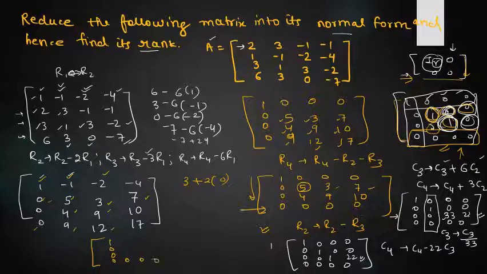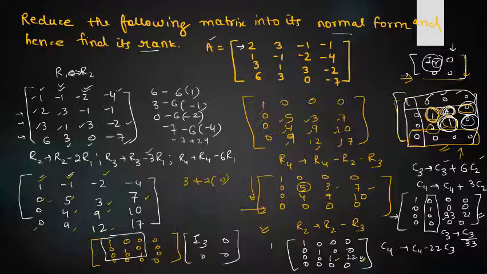Everything is as per the outcomes which we want, 0 1 0. So 22 minus 22 is again 0, correct? So now you can see that these elements are forming a 3 by 3 identity matrix, and rest all are zeros, correct? So first of all, this is the normal form for this 4 by 4 matrix.